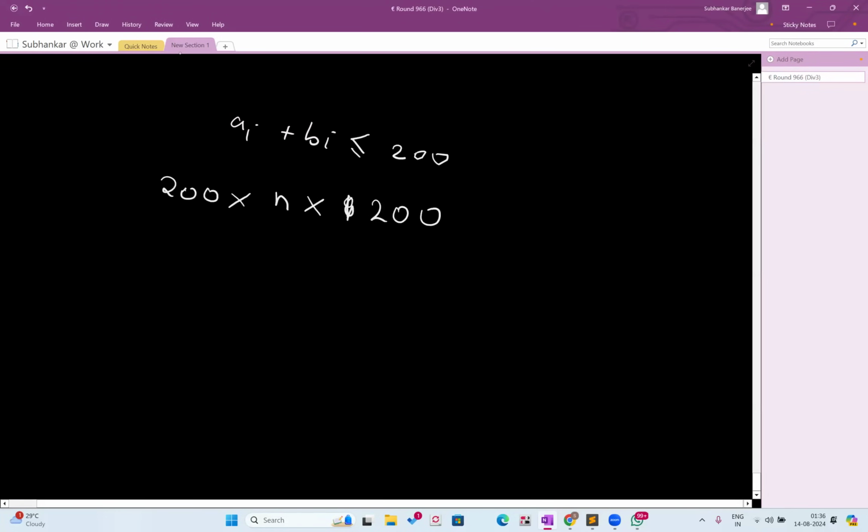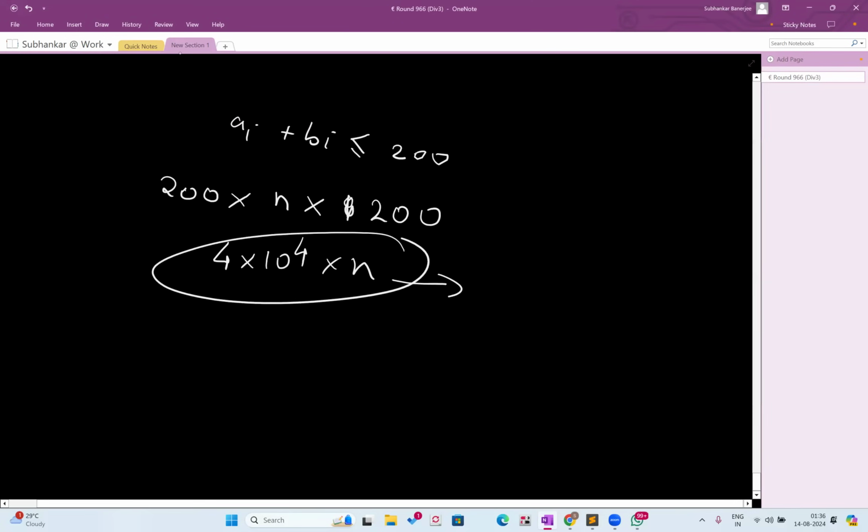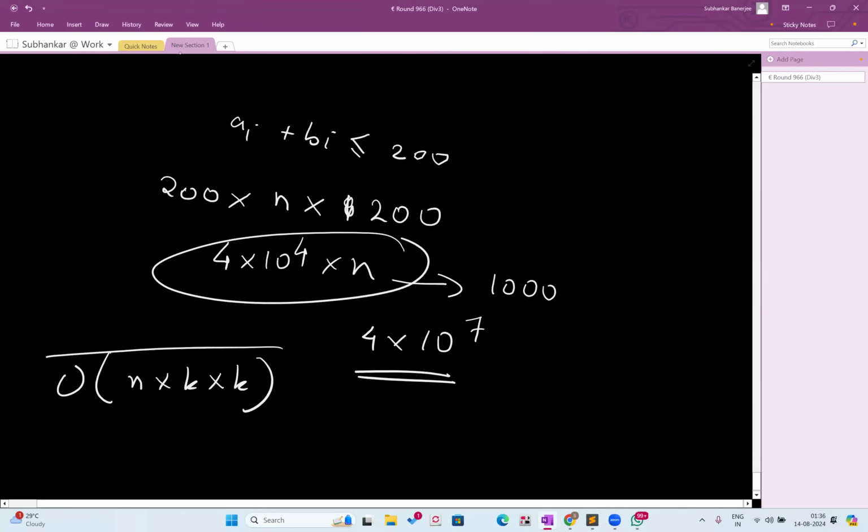So that would be nearly 4 into 10 raised to the power 4 into n, and n is maximum 1000. So 4 into 10 raised to the power 7 iterations. So basically the complexity is n into k, right?